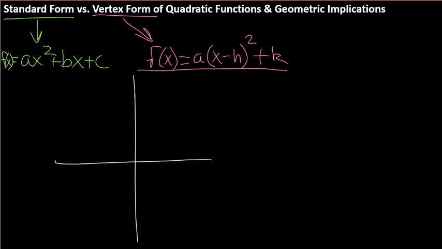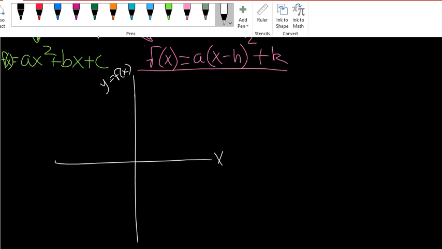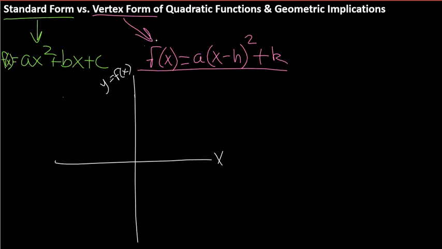So if I have a Cartesian coordinate plane, there's x, here's f of x, and we'll go ahead and just say that that's equal to y. We ought to know that by now. Okay, so if I have your standard parabola, it's going to look like this. Okay? And there's a number of reasons that it looks this way. Part of the reason is it's opening upwards because of this number right here.